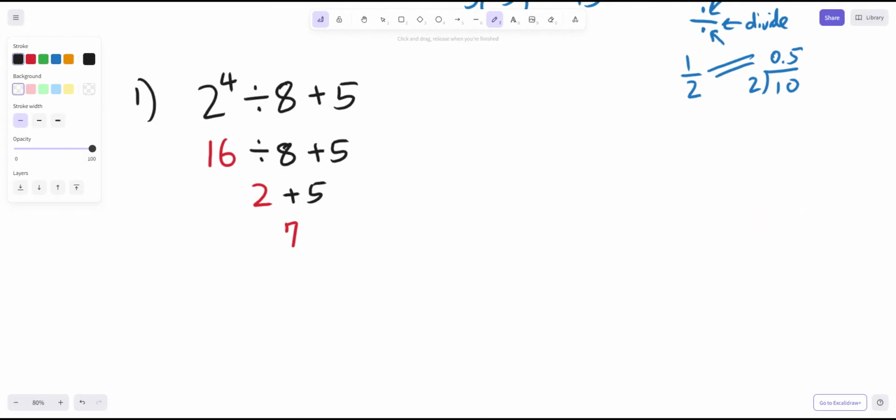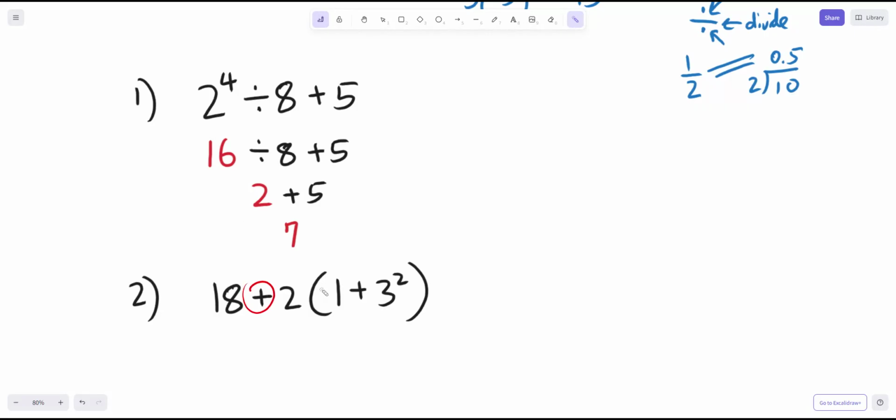Okay, number 2. 18 plus 2 parentheses 1 plus 3 squared. So we have addition, we have parentheses, and we have addition and exponents inside the parentheses. So PEMDAS tells us to do what's inside the parentheses first.